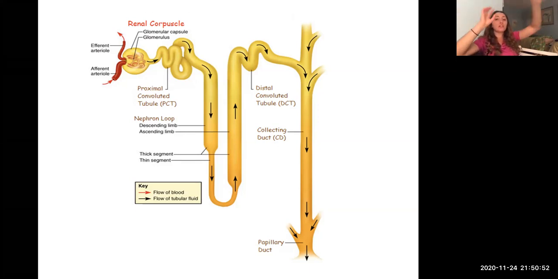Okay, and if the osmolarity is higher outside of the loop of Henle or of the tube, then the water is going to move to create an equilibrium, to wash out the gradient and make it become equal.